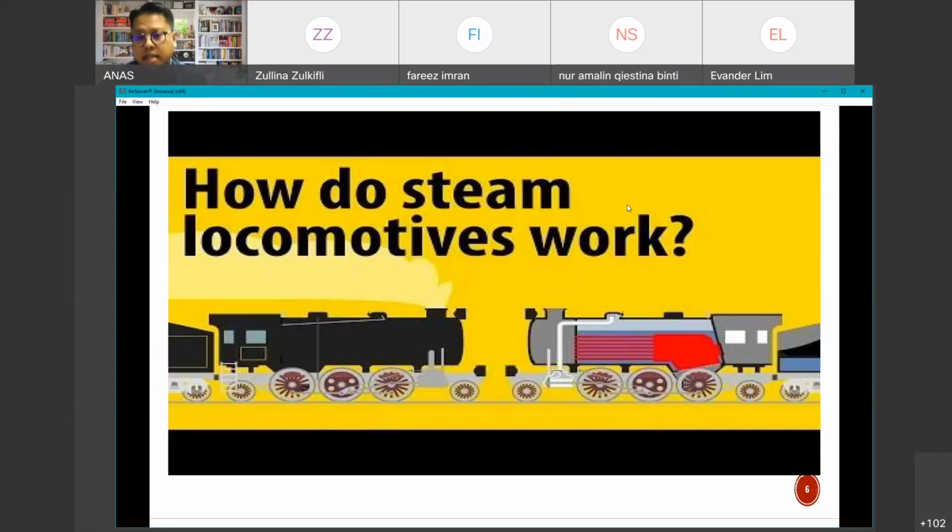So just imagine, in that small tank, we can generate a pressure of up to about 10 bar. And 10 bar, if you remember, is 10 times the atmospheric pressure. So when we release that amount of energy, that amount of pressure, you can hear the sound and you can see the vapor or the smoke coming out from the tank.